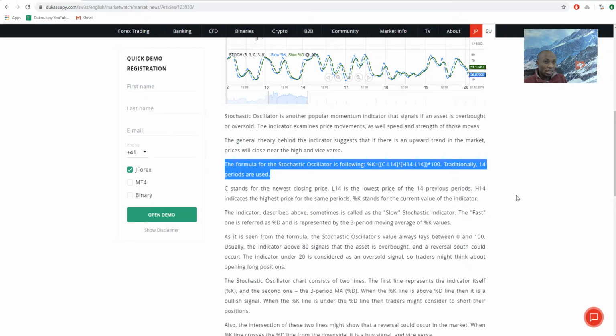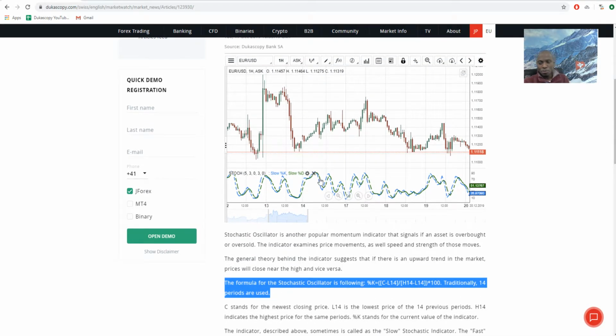But there's one mistake which a lot of guys are making, and that mistake is they don't know how to use the stochastic indicator. Some people will say, hey, if the stochastic indicator is above 80, I want to sell, below 30, I want to buy.